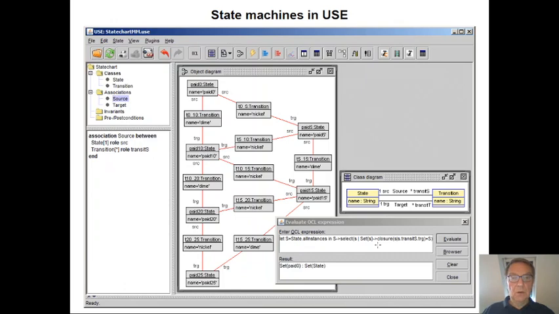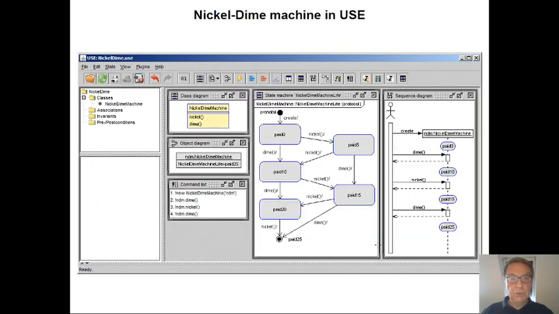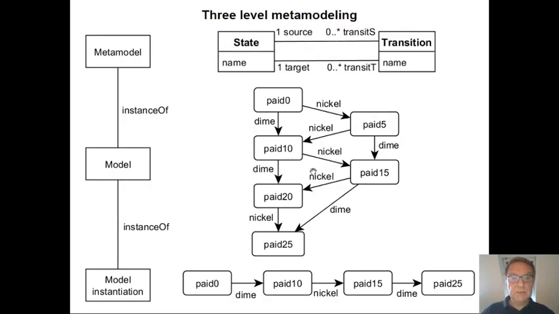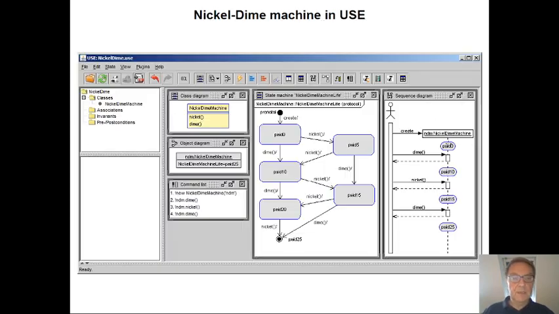Okay, so these were two representations. The first representation in use were the first two levels, where we had the representation of the state machine in form of a protocol state machine.